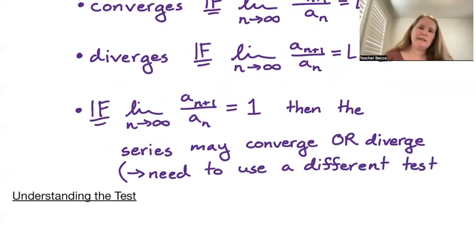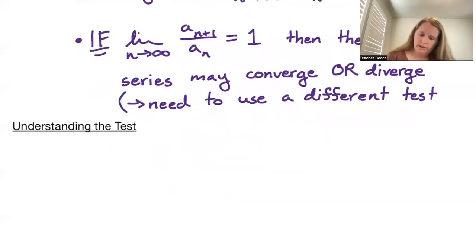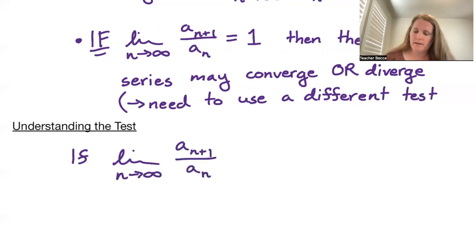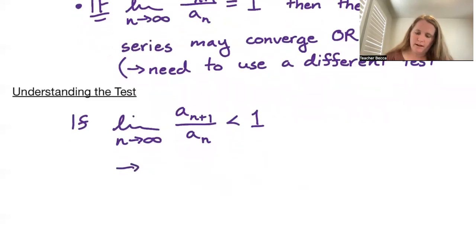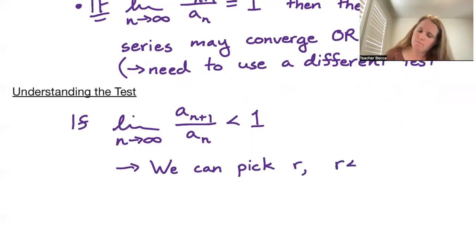So understanding the test. Essentially, if the limit as n goes to infinity of a sub n plus 1 over a sub n is less than 1, that means we can pick r less than 1, between 0 and 1, right?